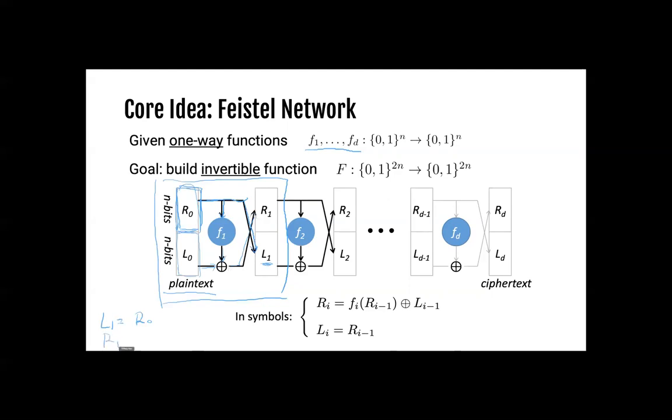So R1 is equal to L0 XOR F1 of R0. All right. So far, so good. Can you catch the conversion between the figure and the equations? Okay, I didn't see anyone saying no, so I'm going to continue.